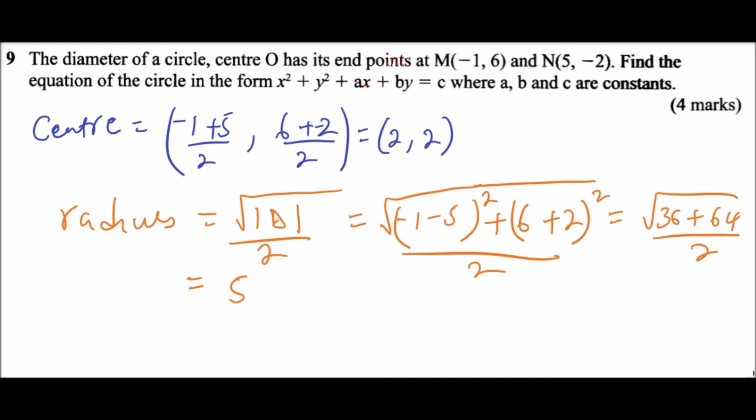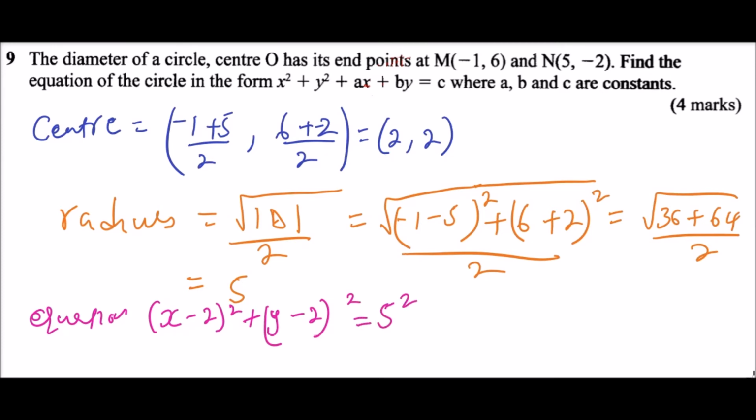Now we go to the equation of the circle. Since we have the center, the equation of the circle will be x minus 2, we take the negative value of the center, plus y minus 2 squared, should be equal to the radius we have found, which is 5, so it is 5 squared.